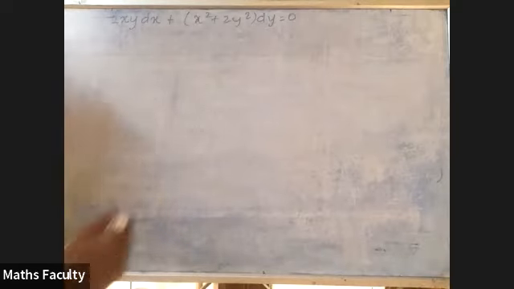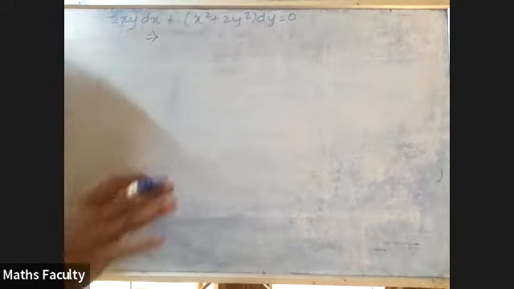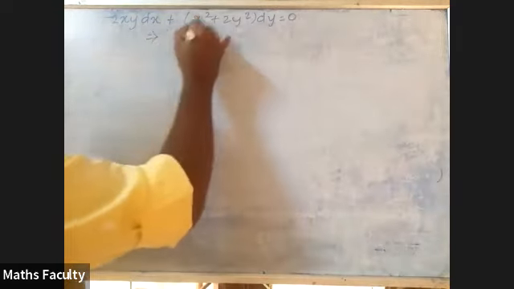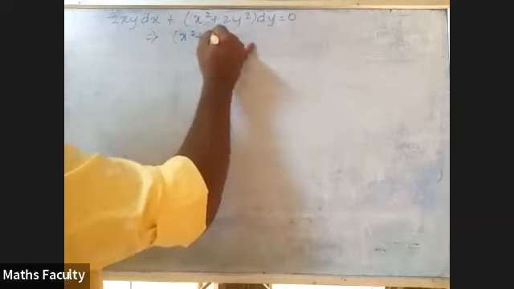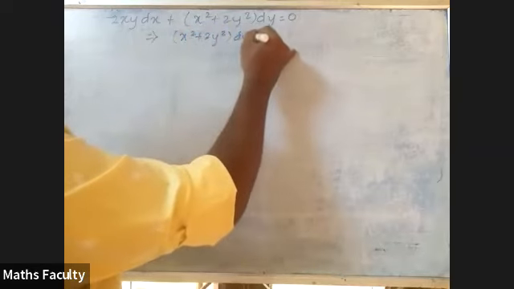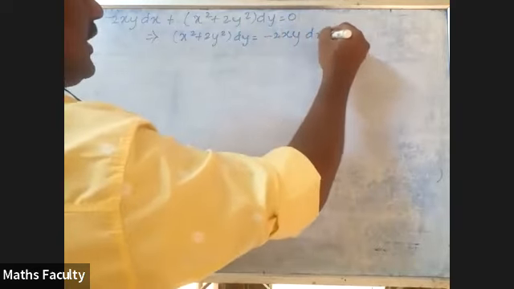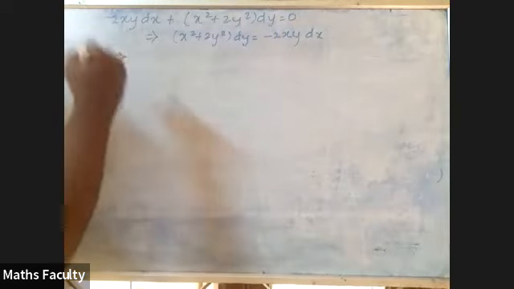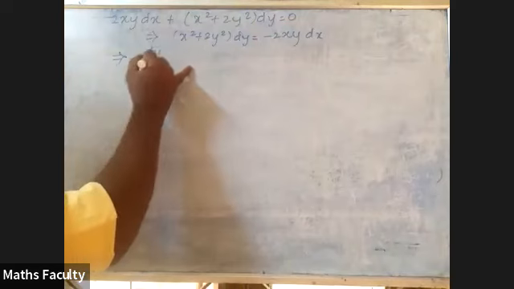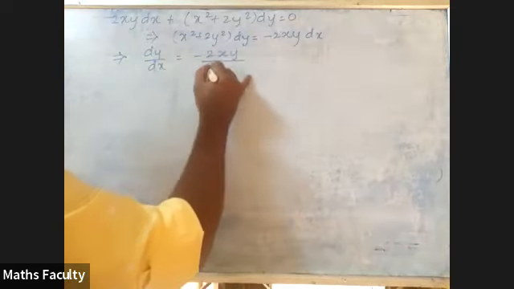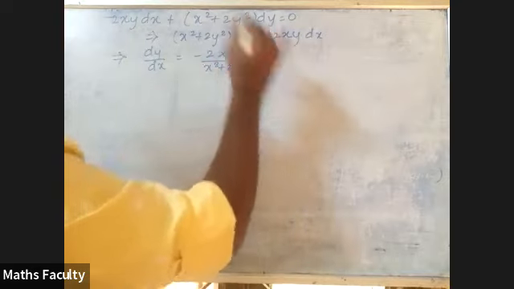Because we are discussing homogeneous equations, this will definitely be of homogeneous type. First, keep (x squared plus 2y squared) into dy on one side, minus 2xy into dx, so dy by dx is equals to minus 2xy by (x square plus 2y squared).